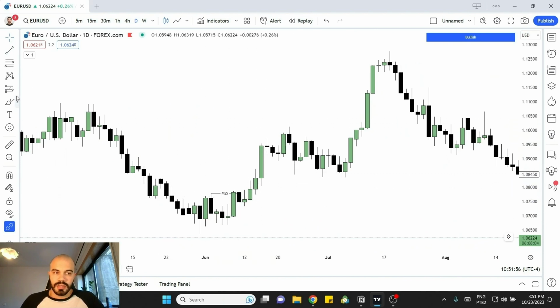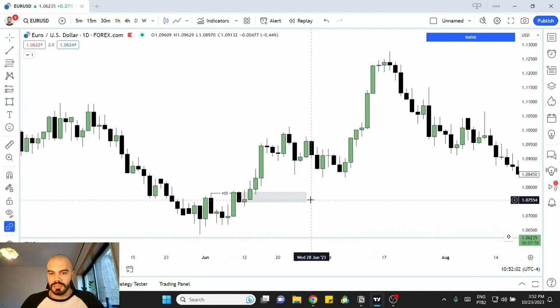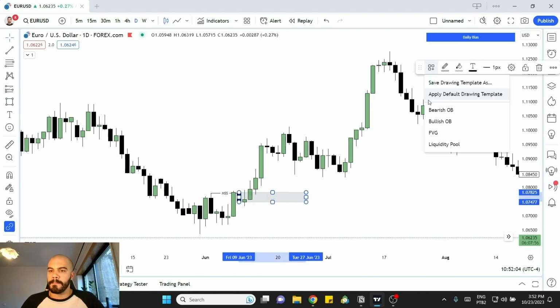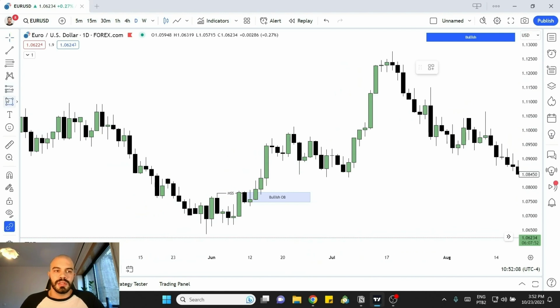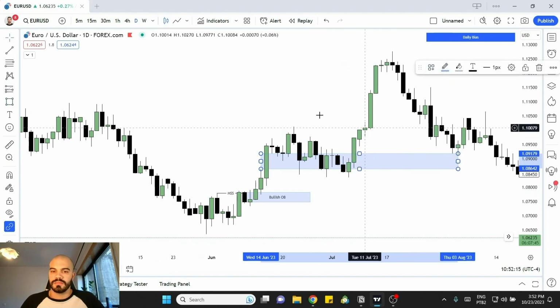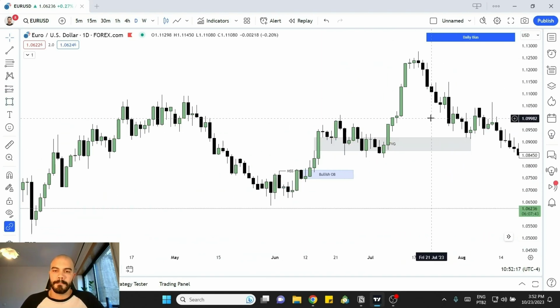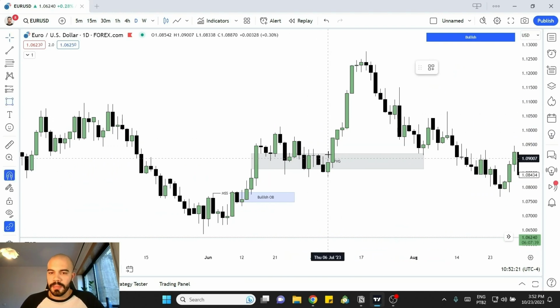It left an order block, a bullish order block right here. It also left a fair value gap, and so on. Here's another fair value gap.